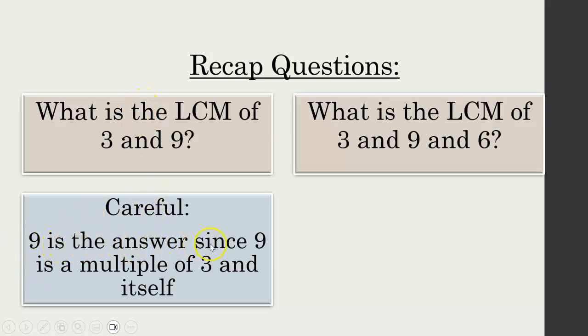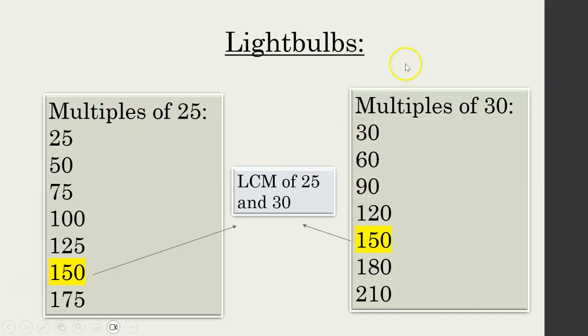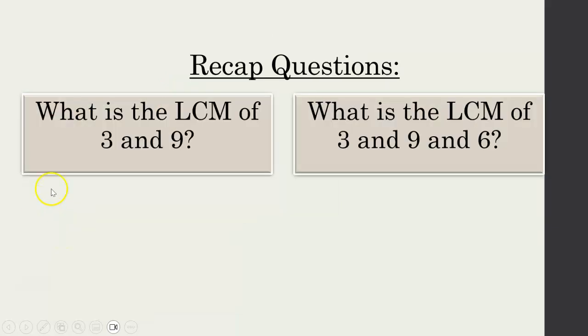9 is the answer, since 9 is a multiple of 3 and itself. What does that mean? Well, for the lowest common multiple, we start off with the first thing. Do you remember way back here, multiples of 30, we said 30, 60, 90, and then multiples of 25, 50, and so on. So here, what are my multiples of 3?